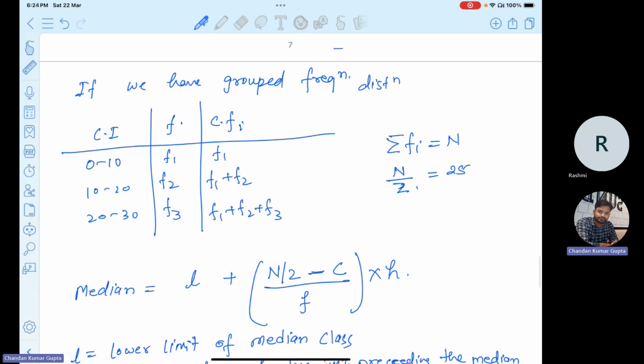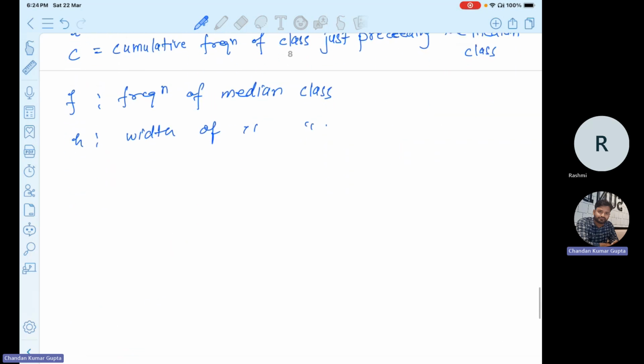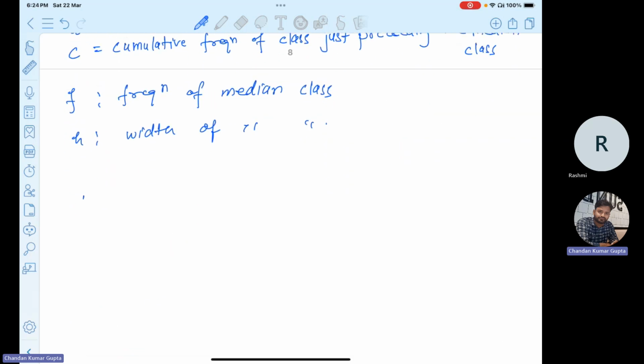Also, we have different kinds of positional average, not only the median. The median is the observation that divides the whole data into two equal parts. In a similar manner, we are able to calculate the decile: 10 equal parts. That means those 9 points that divide the whole data into 10 equal parts are called deciles.